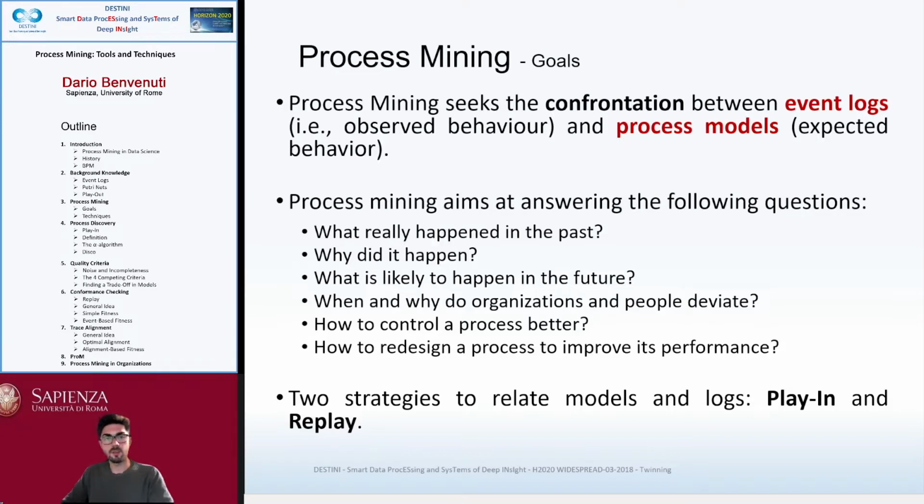It can be something about the past, to understand if something bad happened, or to understand what is likely to happen in the future, or why, for example, people deviate from the behavior expected by the company or by the developer of the system. Or we can ask ourselves how we could control the process better, and so on.